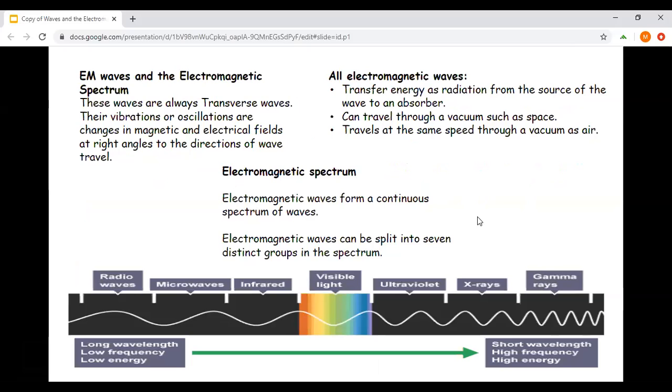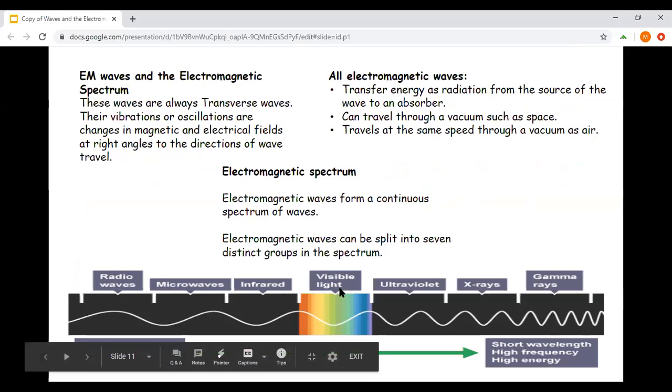Now, the electromagnetic spectrum, we covered this last week. Remember my instructions, visible under X-ray glasses. So your radio waves, microwaves, infrared, visible light, ultraviolet, X-rays, gamma rays. As you can see, the frequency of the waves increases and the wavelength gets smaller as they move from radio waves to gamma waves.